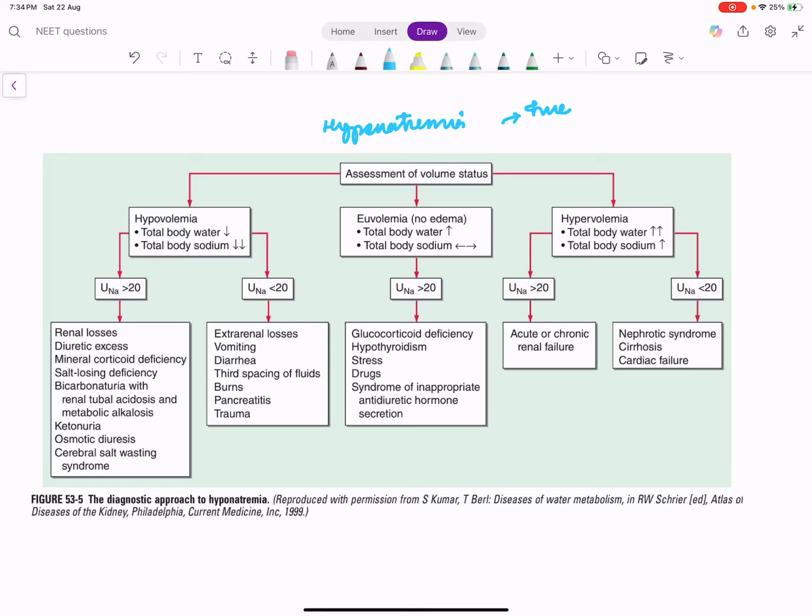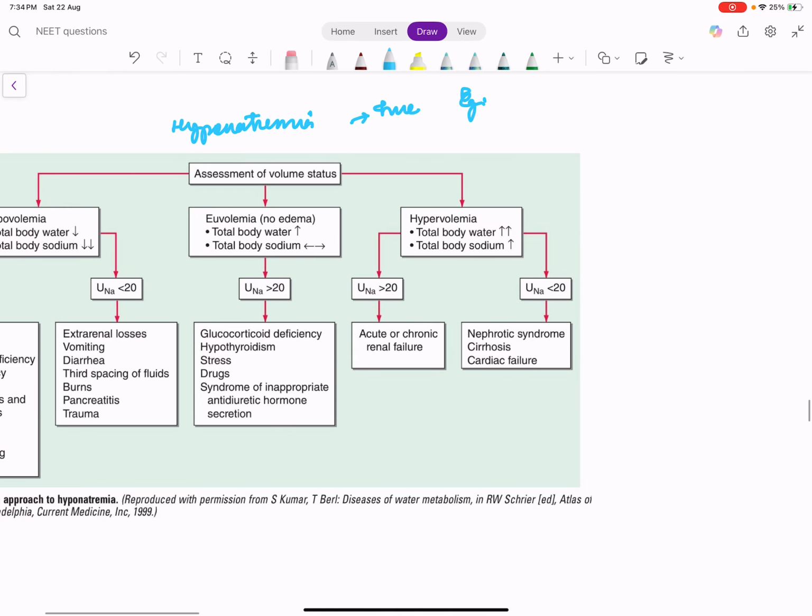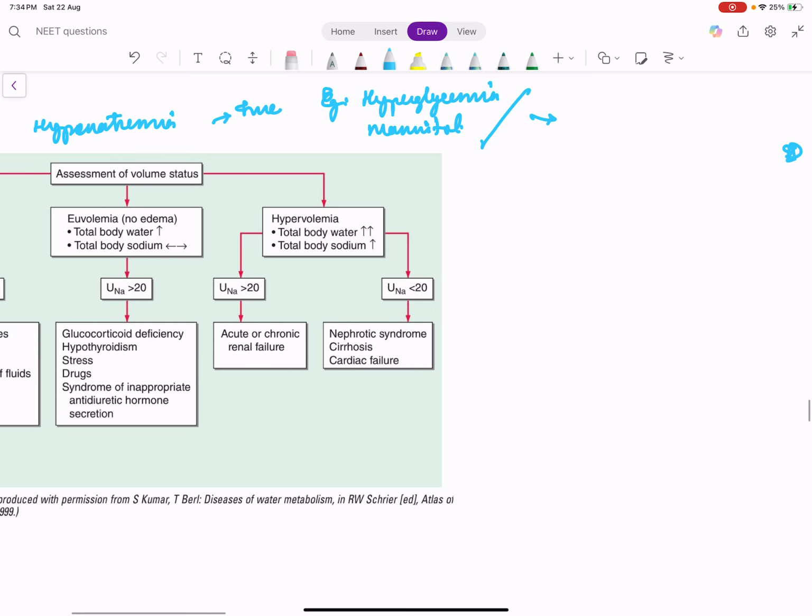For example, if the patient has uncontrolled diabetes with hyperglycemia, or was given an osmotically active substance like mannitol, we'll get a falsely low sodium, right? That is called pseudo-hyponatremia.